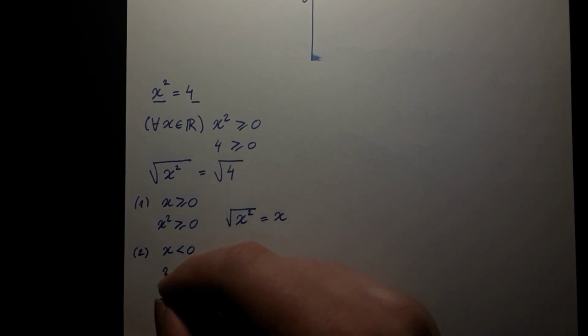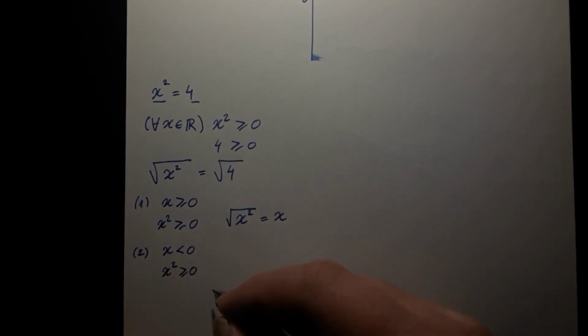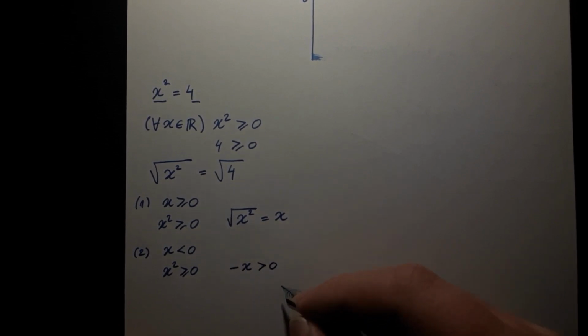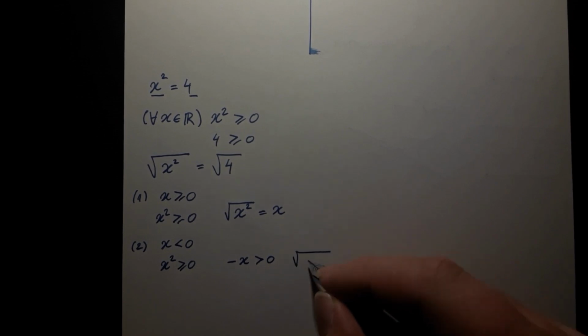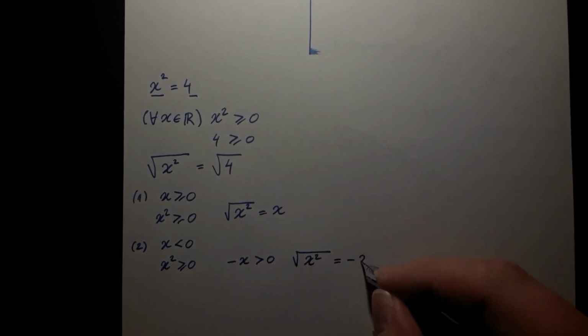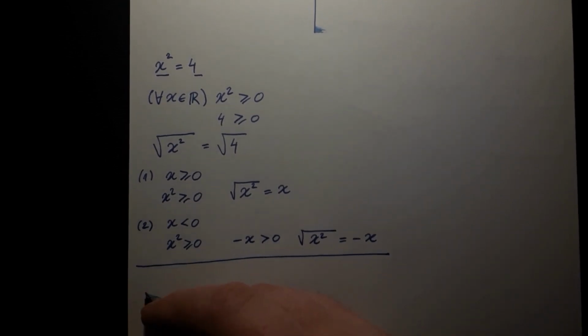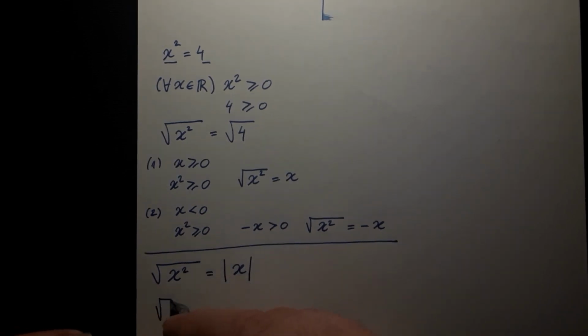We then have that x squared is larger or equal to 0, and we have that negative x is larger than 0. Therefore, we get that the square root of x squared is equal to negative x. Combining both of these cases, we get that the square root of x squared is equal to the absolute value of x. So from the step that the square root of x squared is equal to the square root of 4, we get that the absolute value of x is equal to the square root of 4.